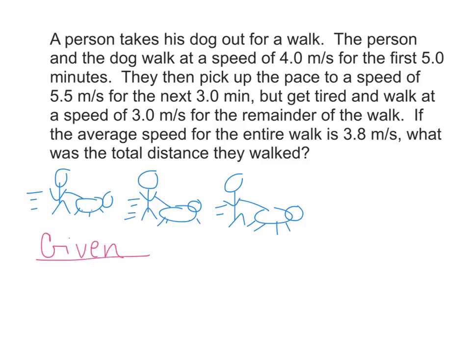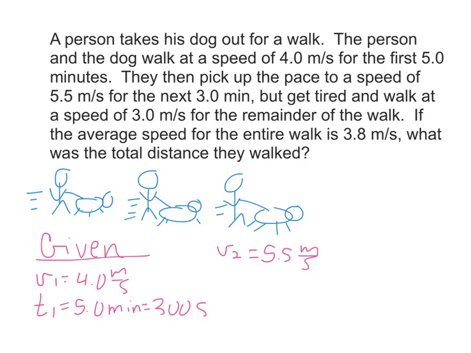Okay, 3 parts of the trip. My subscripts are important here. We know that V1 is 4 meters per second. We know that T1 is 5 minutes, and let's just put that into seconds right now, so 300 seconds. We know that for part 2, the average speed is 5.5 meters per second, and the time for part 2 is 3 minutes, which equals 180 seconds.